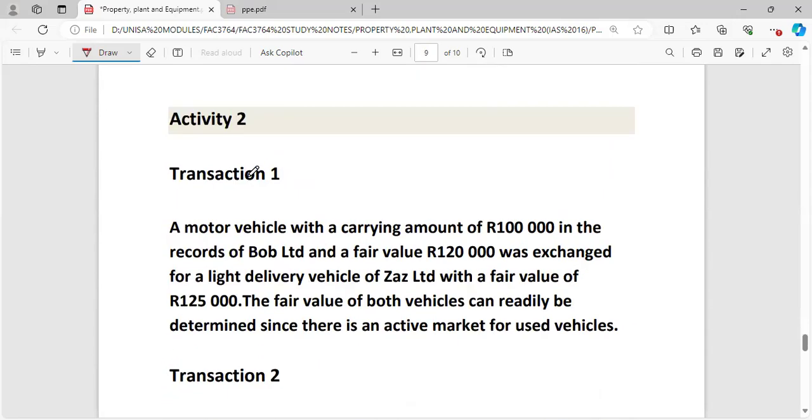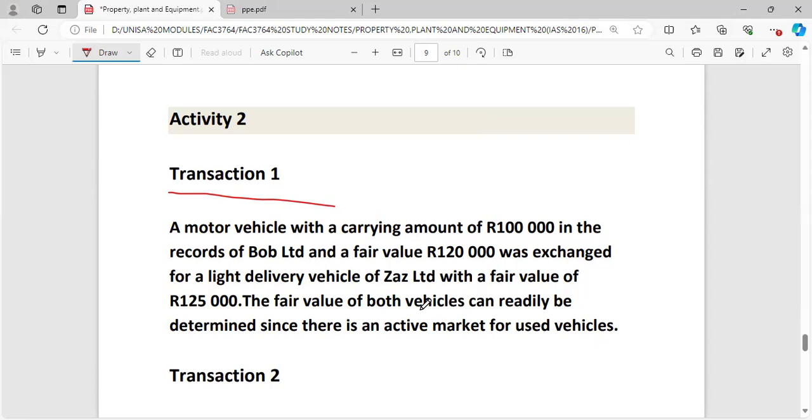Let's look at transaction 1. They say a motor vehicle with a carrying amount of 100,000 in the records of Bob Limited and a fair value of 120,000 was exchanged for a light delivery vehicle of Z Limited with a fair value of 125,000.